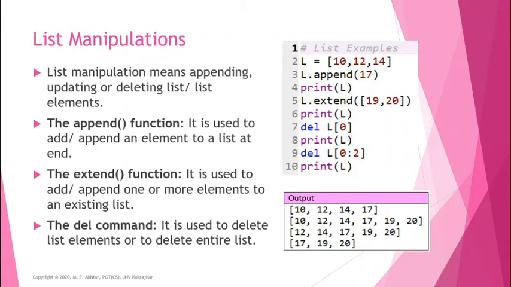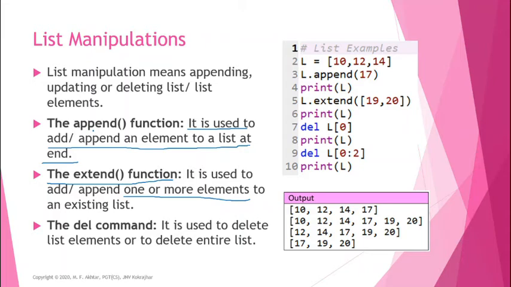The append function is used to add or append an element to a list at the end. It will always add the given data to the end of the list.